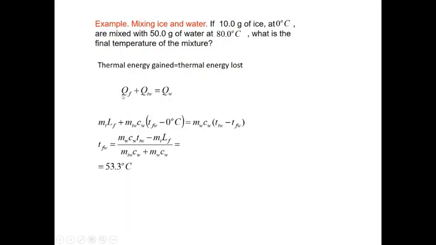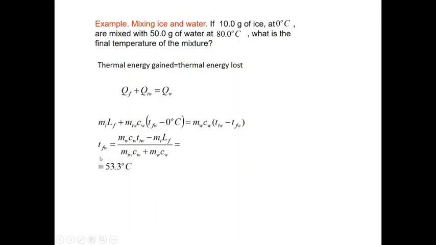Q fusion plus Q ice to water is equal to Q of water. Q of fusion is M latent heat of fusion, plus Q is mc delta T, is equal to mc delta T. So from this formula we can find the final temperature of the mixture.